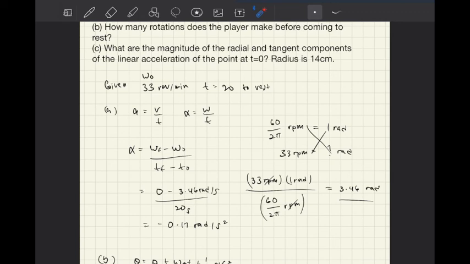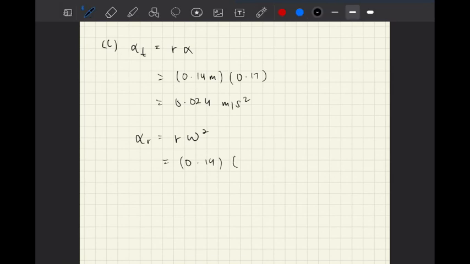So the initial angular velocity will be 3.46 radian per second. 3.46 to the power of 2. So the final answer will be 1.68 meter per second squared.